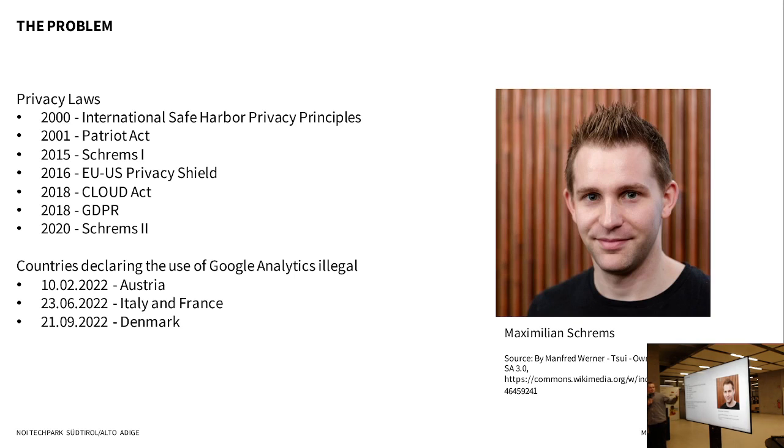Then in 2001, the Patriot Act was enacted by the US government, and that act allows the US government to see the data of users. They don't need special environments or anything like that to see the data.